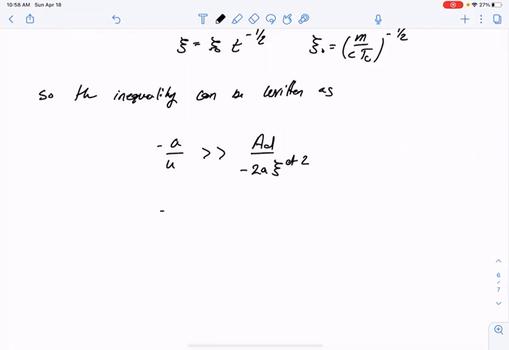We can rewrite that as twice A squared divided by U M squared must be much, much greater than AD M squared to the D minus 2, taking a minus on both sides, moving one factor of A and multiplying both sides by M squared.